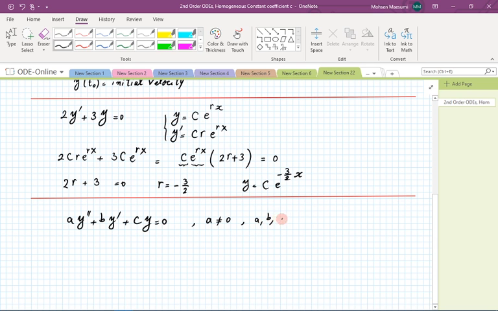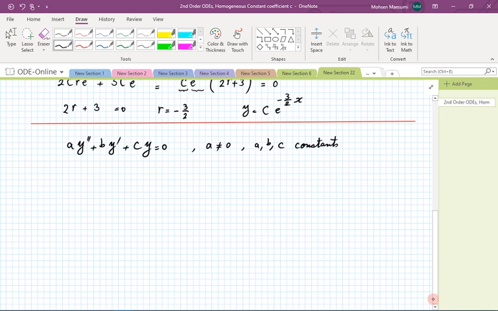A, b, c are constants. This is important, that they don't have any of the independent variable, either t or x, in them. They're just numbers. We start with the same guess that our solution is some constant times exponential of some multiple of x or multiple of t.